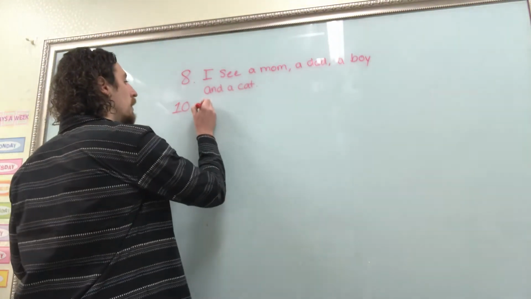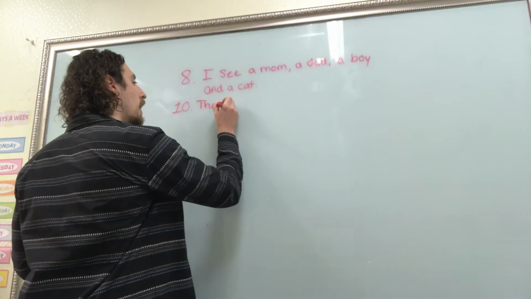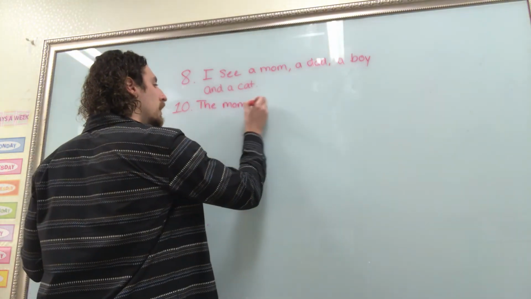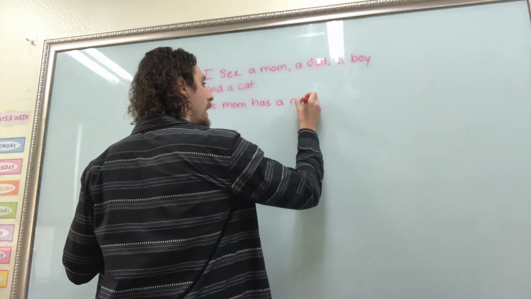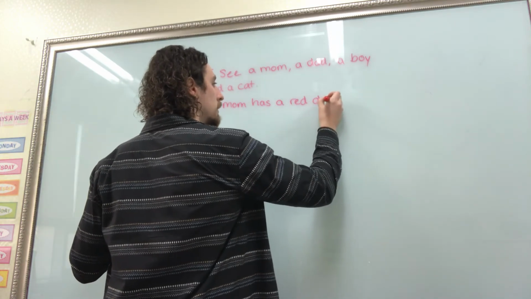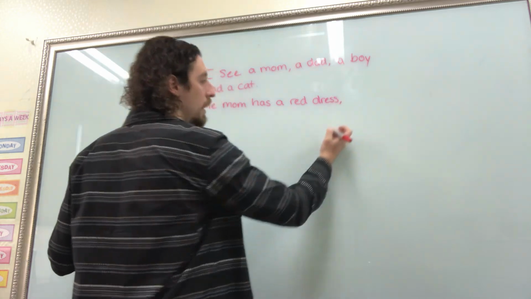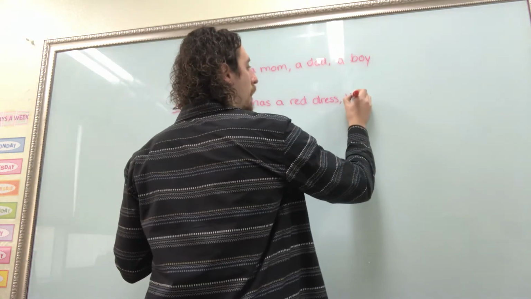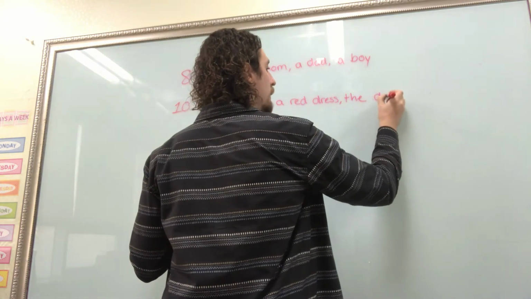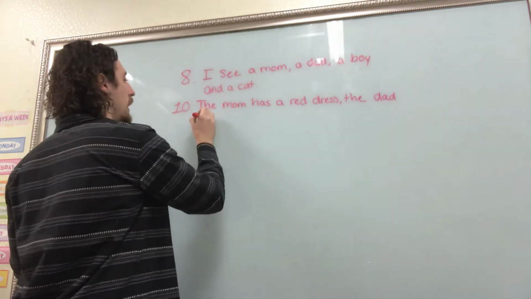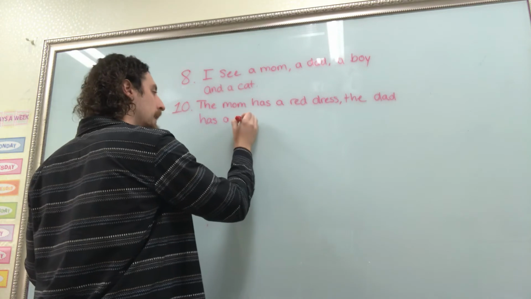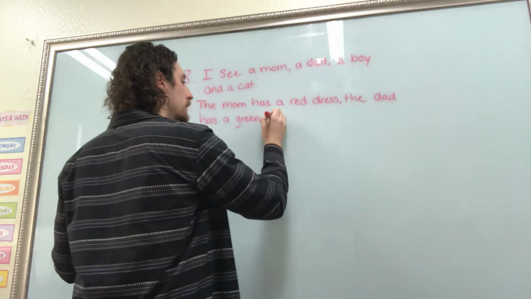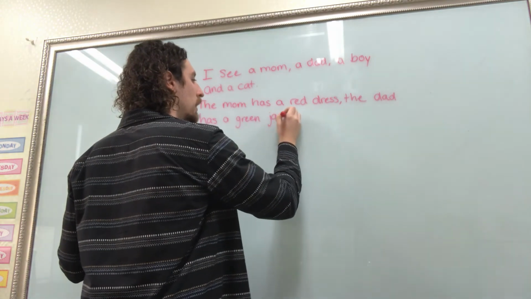So, the mom has a red dress, comma. The dad has a green jacket.